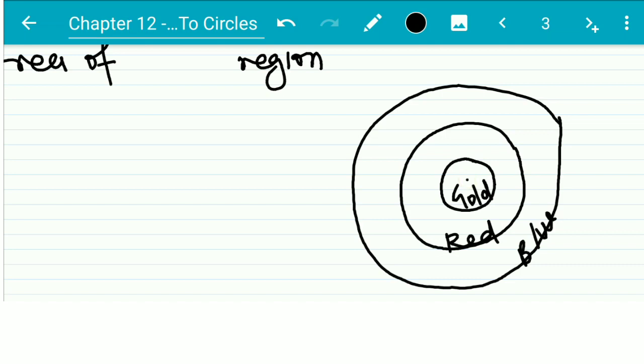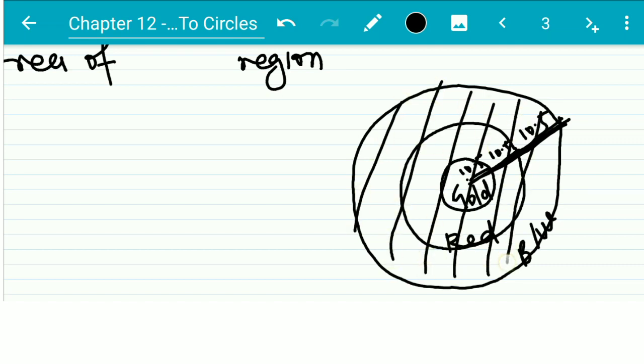Now we need to know what is the radius of the blue. Radius of everything. See, this radius is 10.5. This width is 10.5. Again, this width is 10.5. So what will be the radius of this big circle? 10.5 plus 10.5 plus 10.5, right? So first, same way, we'll find the radius of this full circle by taking the radius as 10.5 plus 10.5 plus 10.5.